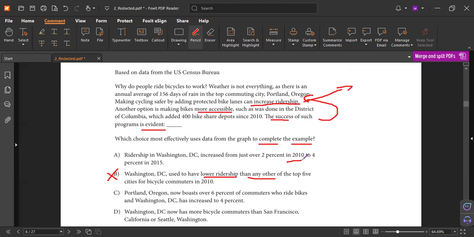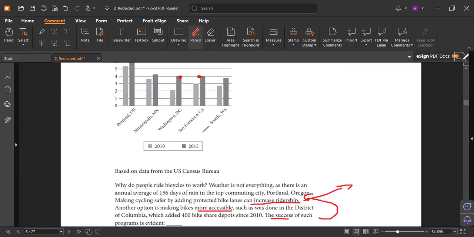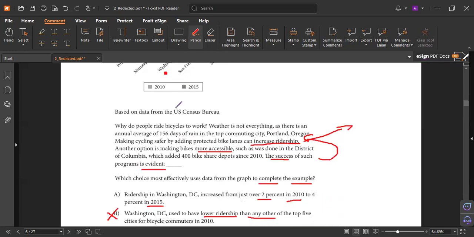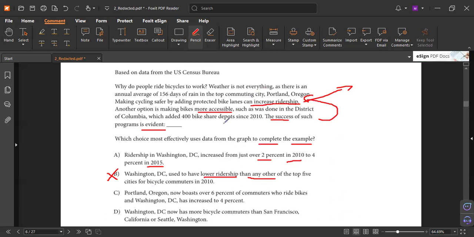In 2010, it was 2, and then after 5 years, it became 4. And let's go to Washington, D.C. We'll find it was 2 in 2010, and then became 4. So increased or not? Increased? Yes, letter A supported.